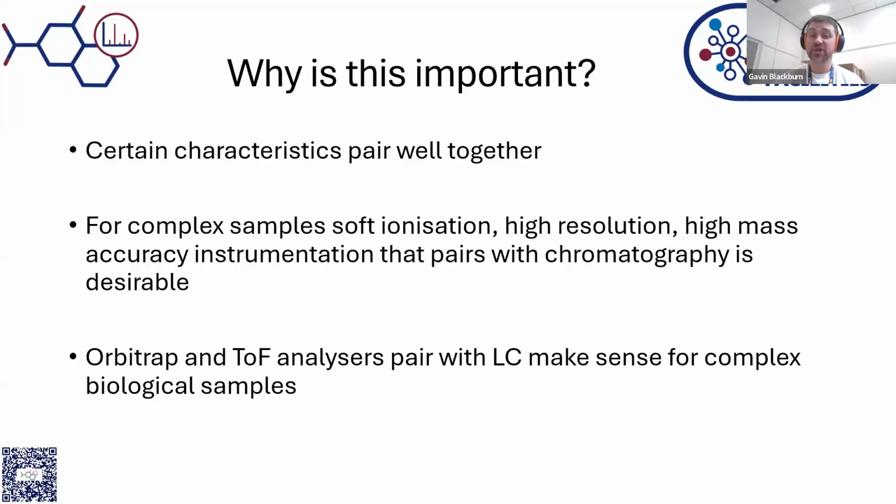So Orbitraps and TOFs paired with LC, different forms of LC, UPLC, HPLC, nano-LC, make sense for these complex biological mass spectrometry samples that we run within our lab. So the instruments we have are not an accident. We make these choices based on an understanding of what samples we have, and the benefits of the different instrumentation that's available.